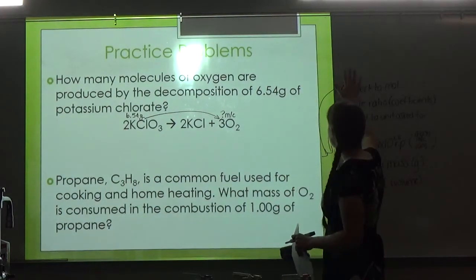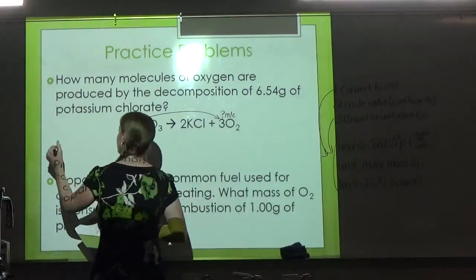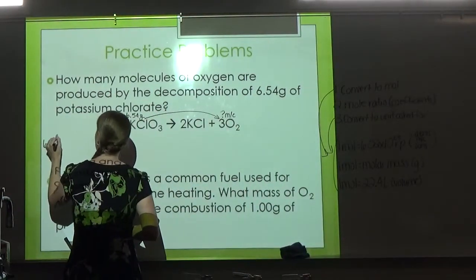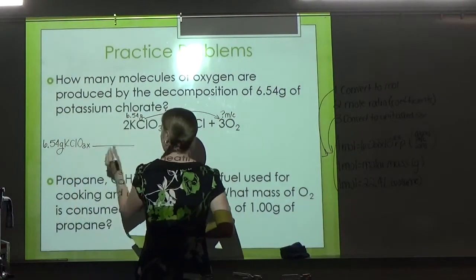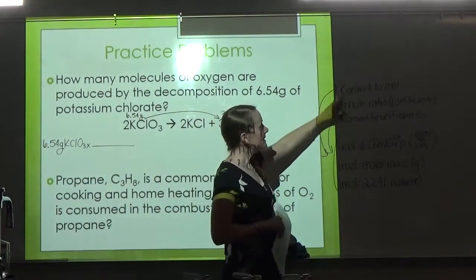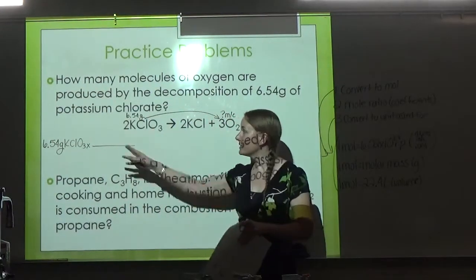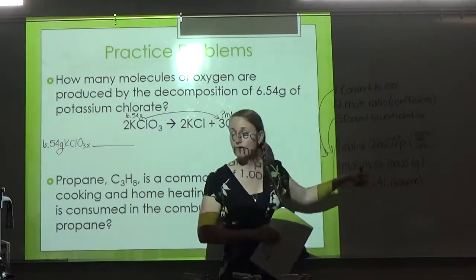All right, so remember, I'm going to use my steps, but let me start with what I know first. So I know I have 6.54 grams of KClO3. Oh, that's a 3, by the way. All right, so my first step is to convert to moles. Well, I was given grams, so I need to use molar mass to convert to moles.